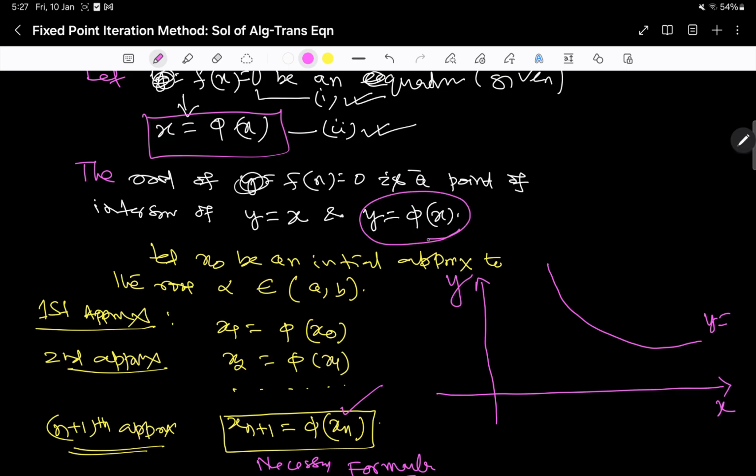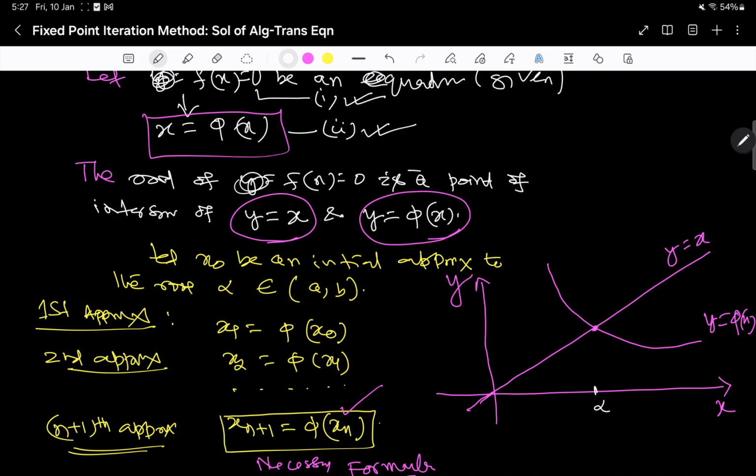The point of intersection is my alpha here.